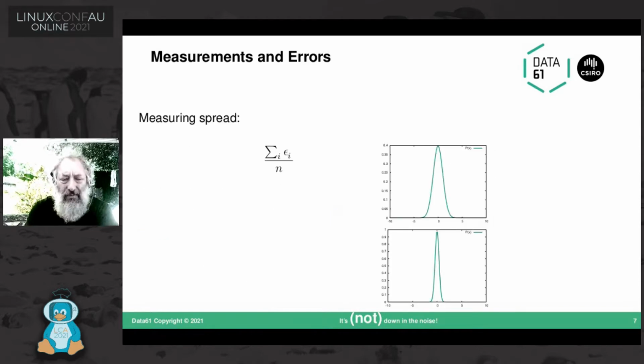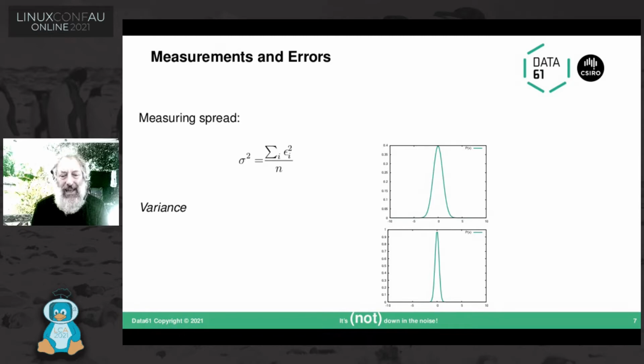You also want to know, are your errors broad? So have you got lots of errors? Is it wide, or is it very, very narrow? If you just add up the errors and average them, you're going to get something that's close to 0, which is what I just told you. So instead, we're going to add up the squares of the errors, and that gives you the variance, sigma squared.